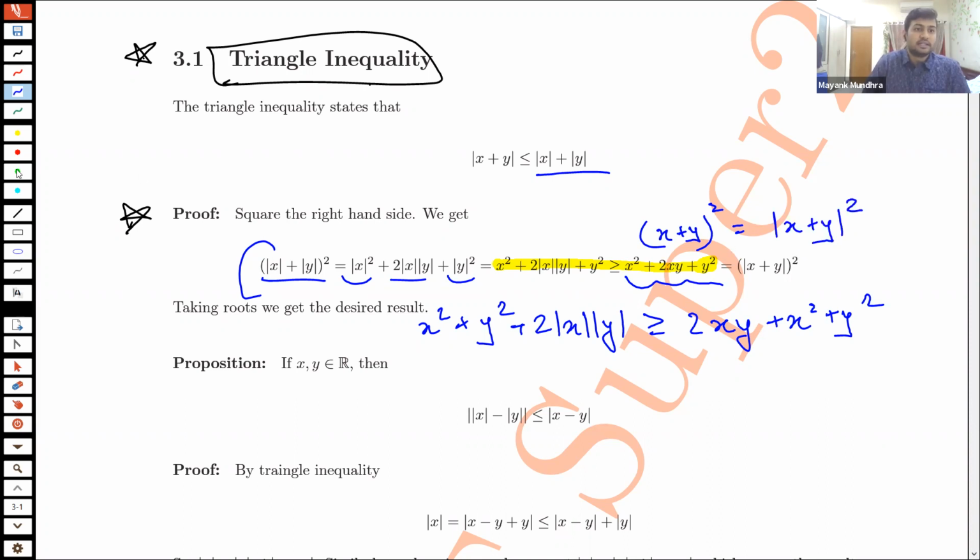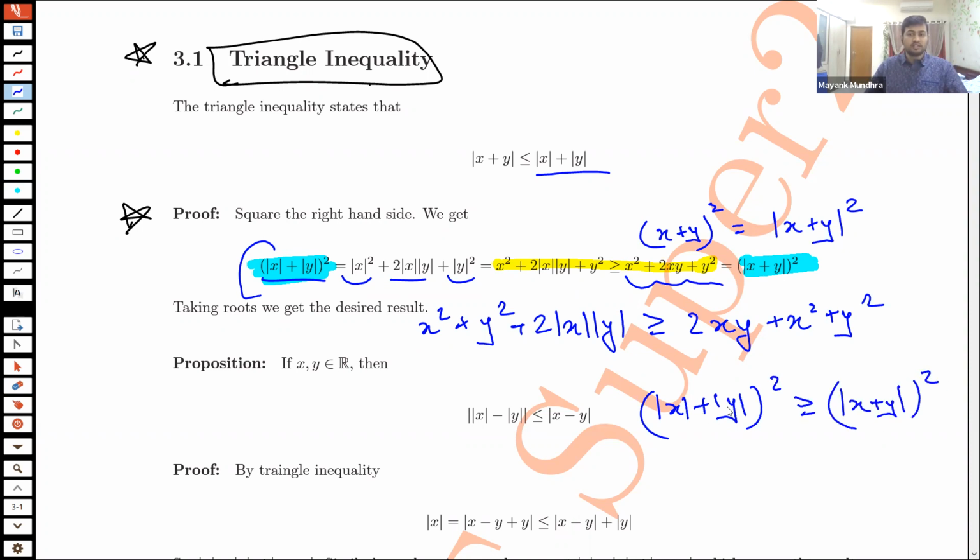Now the final deal is that this square is greater than or equal to this square. So the last thing is (|x| + |y|)² is greater than or equal to |x + y|².